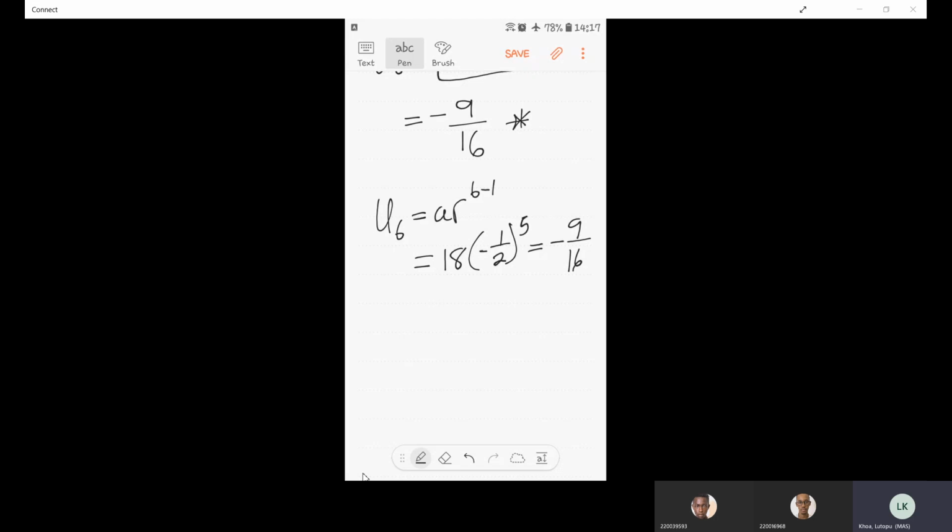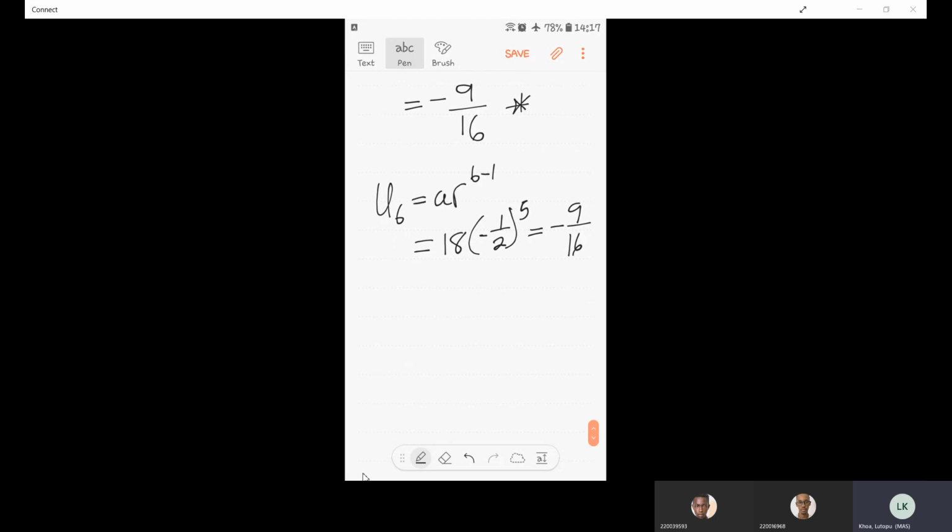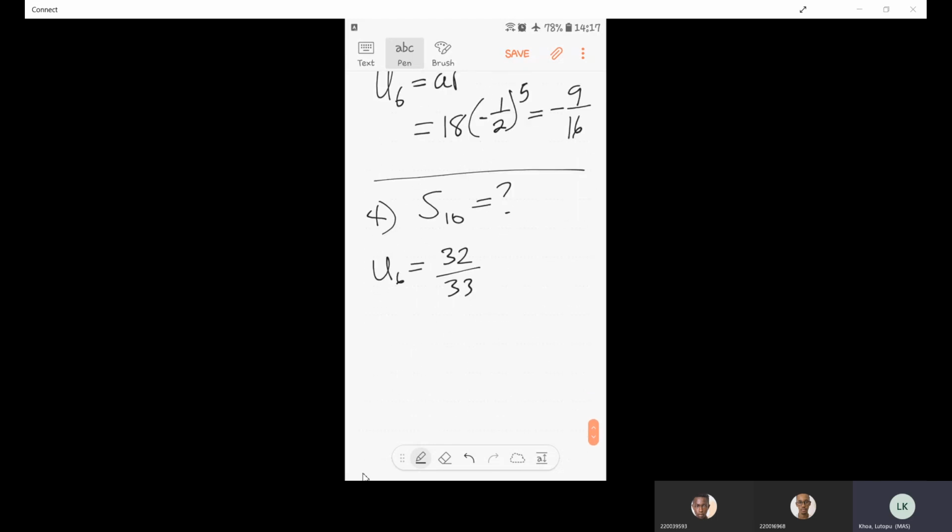When you're given two consecutive terms, it's always very easy because you just divide the seventh one by the sixth one, and then that is your R. So number 4, we are asked to find the sum of the first 10 terms, and we are told that the sixth term is equal to 32 over 33, and the seventh term is 1 and 31 over 33.